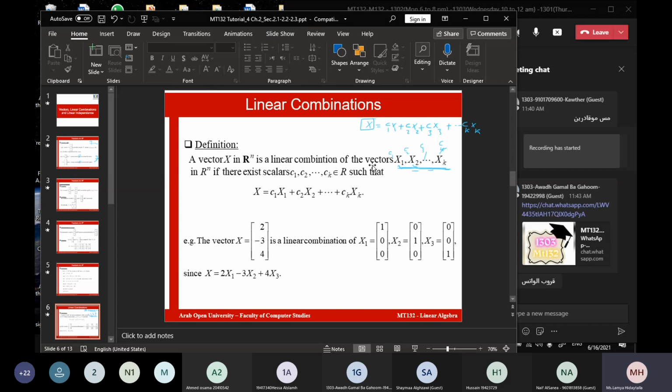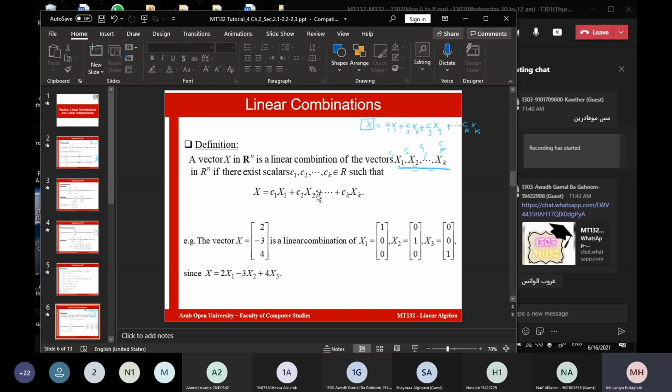A vector x is a linear combination of these vectors in Rn if we could find some scalars, or numbers, such that x equals C1 x1 plus C2 x2.